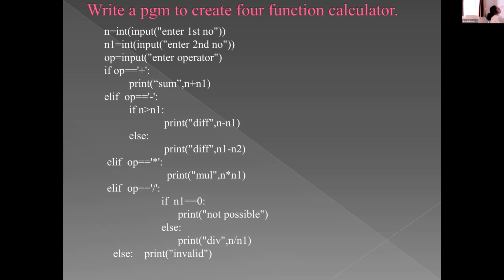Have to print invalid entry. Is it clear? If n less than 0, that means we have to enter only the number between 0 and 999.